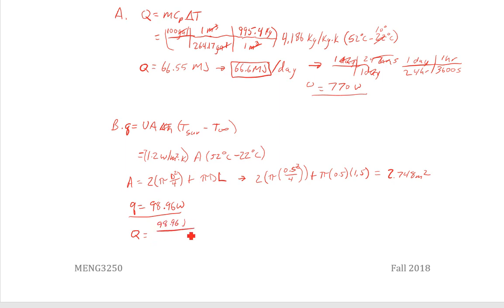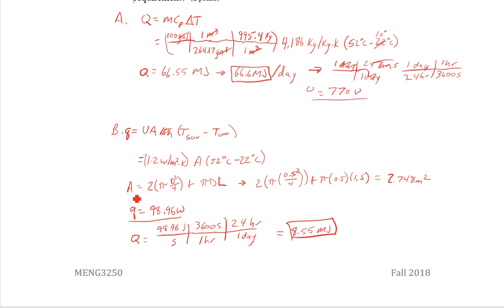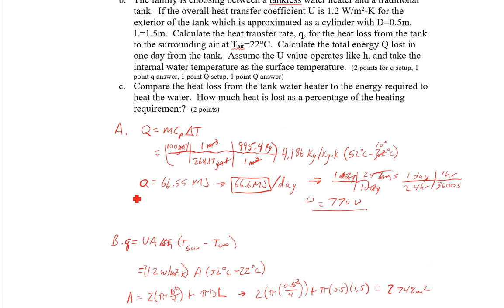And then if I look at that on a per day basis, Q is 98.96 joules per second, times 3,600 seconds per hour, times 24 hours per day. So Q is going to be 8.55 megajoules. So I could take that either way. I think I asked for both. It was a little confusing.